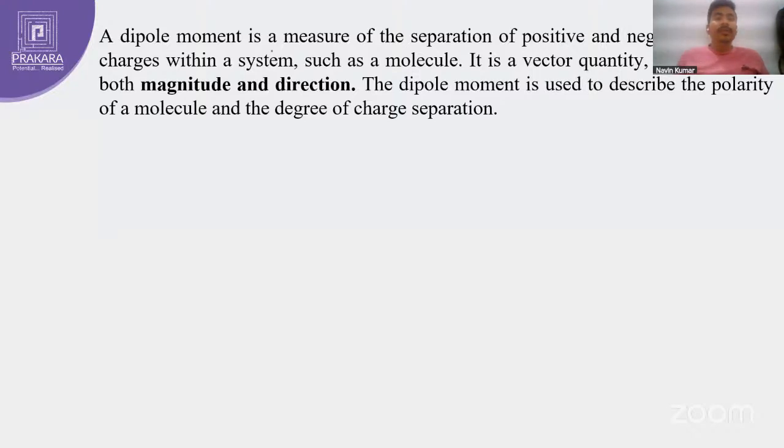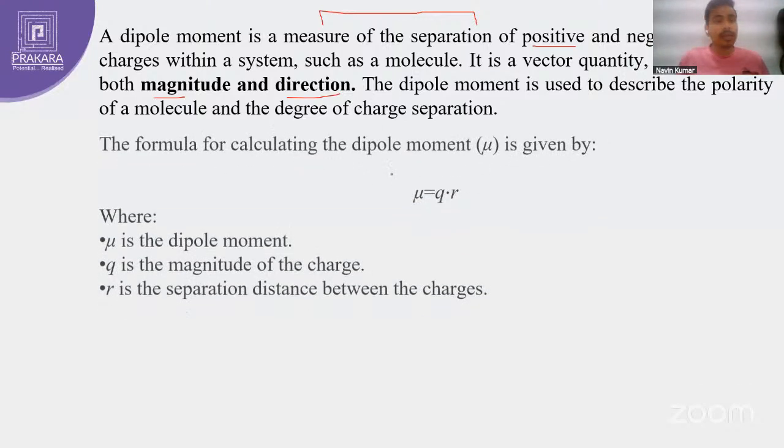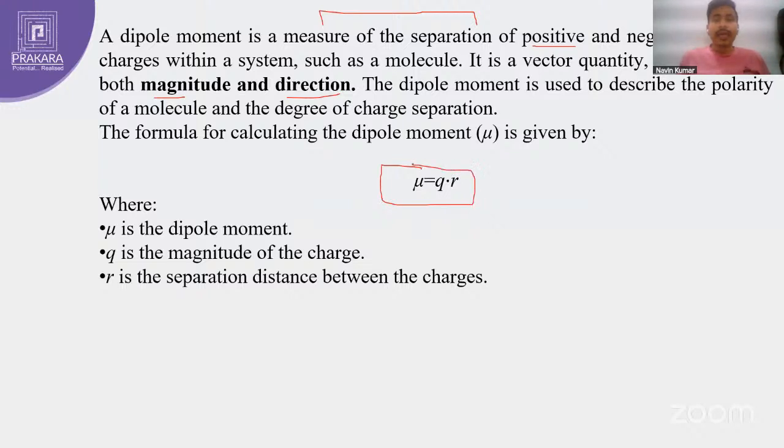Basically, dipole moment is a vector quantity, having both magnitude and direction. It measures the separation of positive and negative electric charges, and the unit of the dipole moment is the debye. Basically, this is calculated with a formula, and that is mu equal to QR.